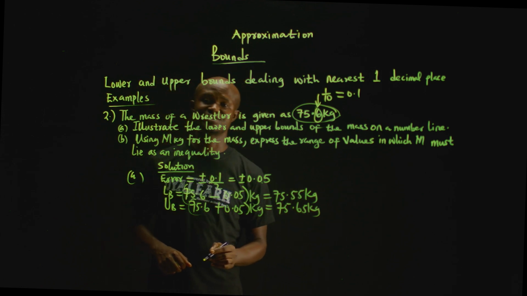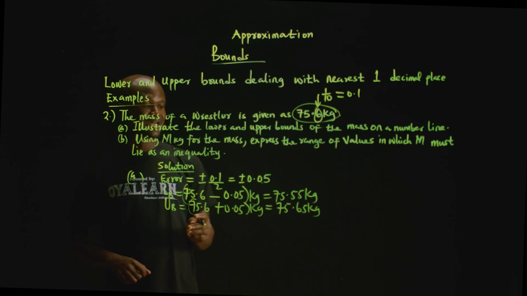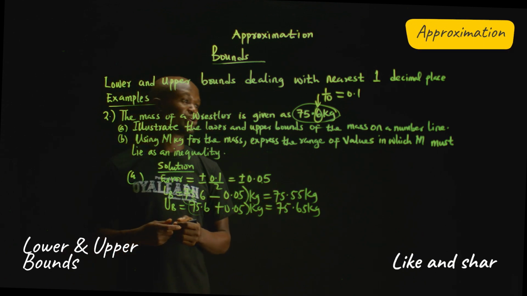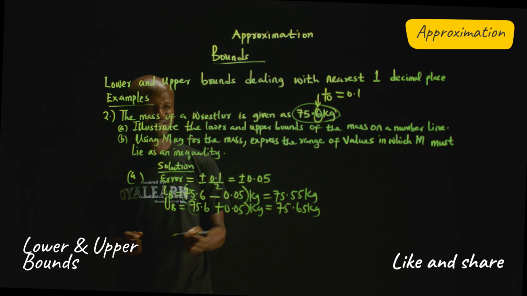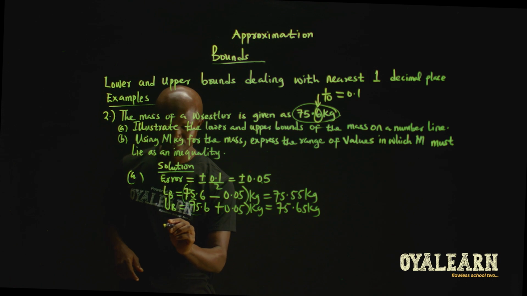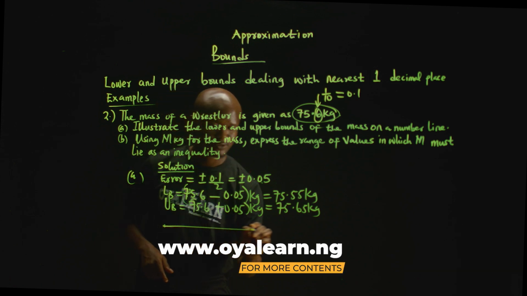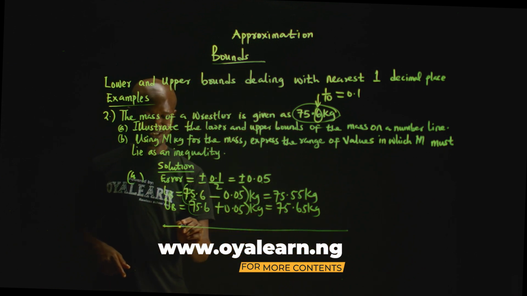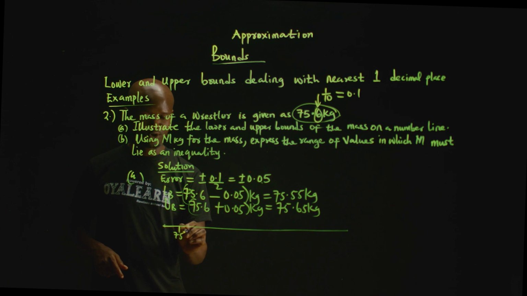So in this case, we can have our range of values on a number line. So let's do that. On a number line, since we know our upper band and lower band, we have this. Now, the lower band is 75.55 kg.